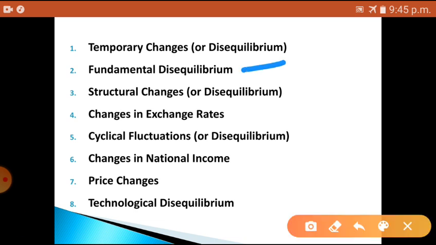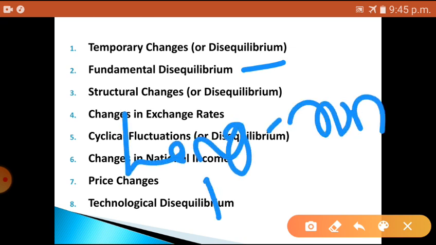fundamental disequilibrium. Fundamental disequilibrium refers to the long run BOP disequilibrium of a country. Okay, fundamental disequilibrium refers to the long run BOP disequilibrium of a country.